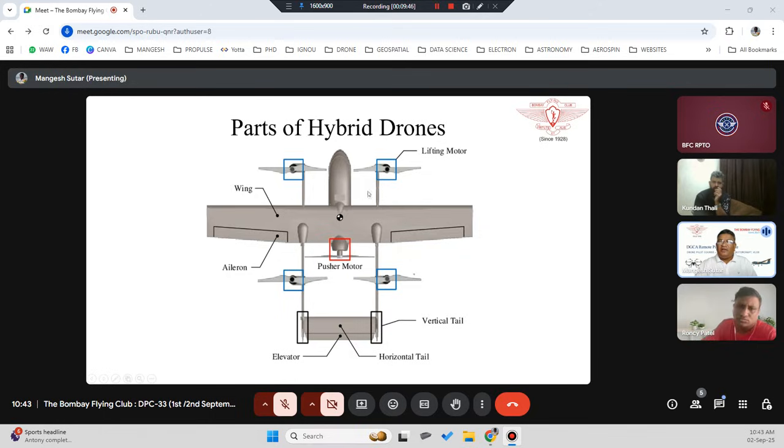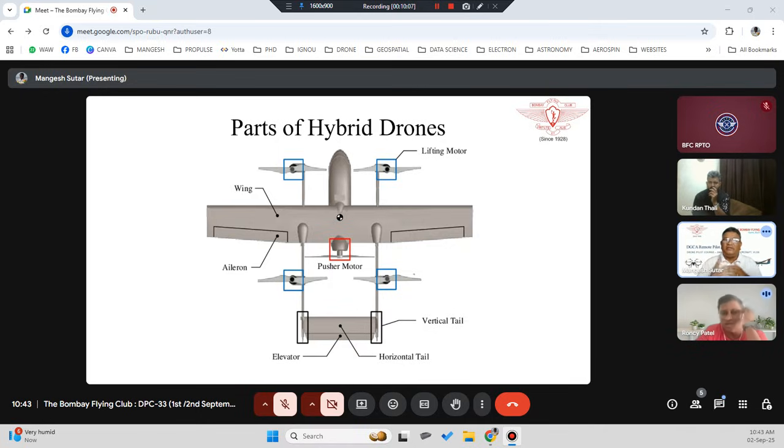When the pusher motor is in action, the lifting motors stop. That's how you save precious battery time and are able to cover a larger area.